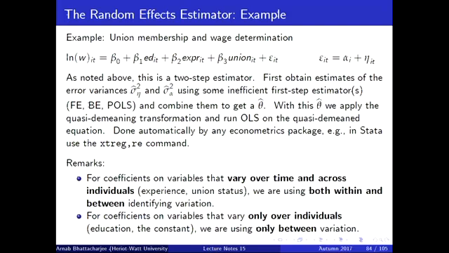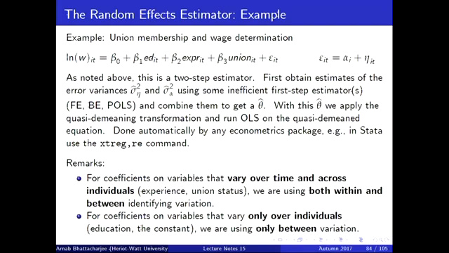Instead of RE here, or leaving this blank in Stata, if you said ML, then Stata is also going to provide you a random effects estimator, but that is under the maximum likelihood assumption, under the Gaussian error assumption.